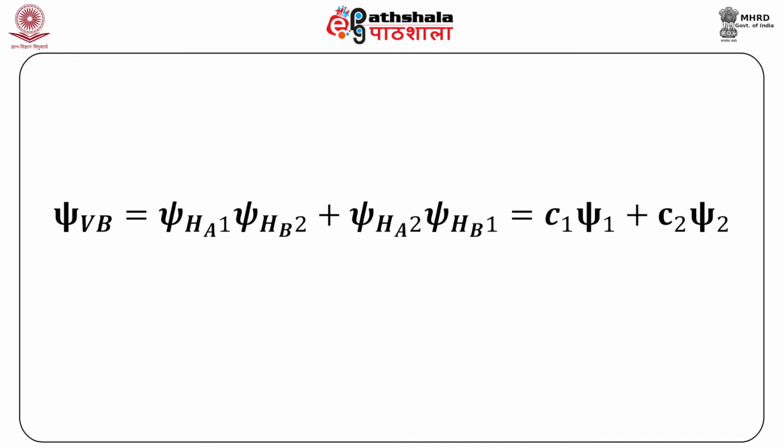Here, as you remember, psi Ha and psi Hb represent 1s atomic orbitals for the two hydrogen atoms. In the first, electron 1 is around atom A, whereas electron 2 is on atom B, and in the second, electron 1 is on nucleus B. So that's how we constructed the valence bond wave function.